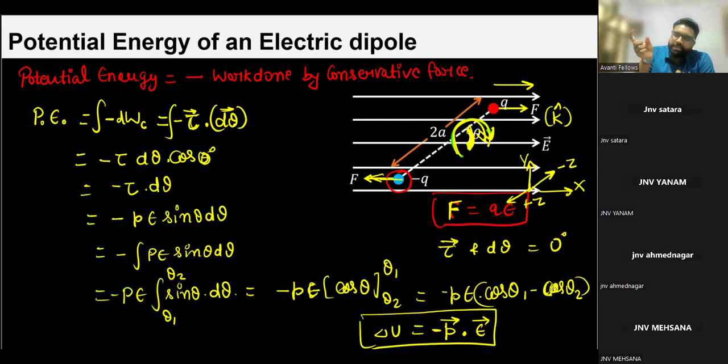Which means अगर रोटेशन इस तरफ नेचुरली हो रहा है due to this conservative force, so we will give the rotation in the opposite direction.